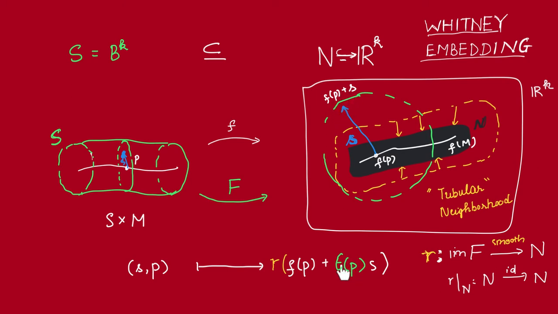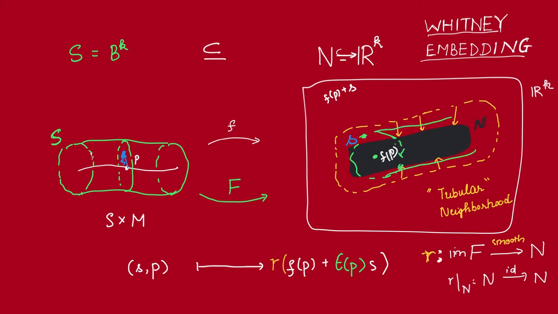So we'll find a way to scale each of these points down so that we actually get a point inside the tubular neighborhood. So we'll introduce some multiplication factor here. Once we can guarantee that this point lies in the tubular neighborhood, then we can just use the retraction map from the tubular neighborhood to retract it to a point in N. So that's the idea behind the construction of this family, but we haven't explained what a tubular neighborhood is. That's what we will do in the next video.